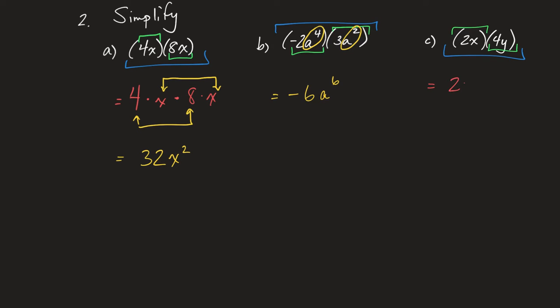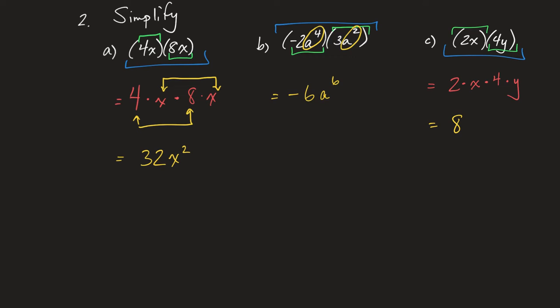That expression would be 2 times x times 4 times y. And if we come in on that line, what we'll notice is it's all multiply, and it doesn't matter what order we multiply in. So I still have the ability to simplify the coefficients. 2 times 4 is 8.